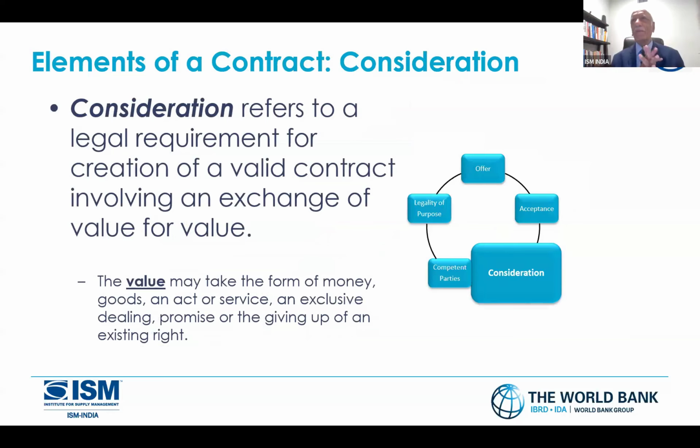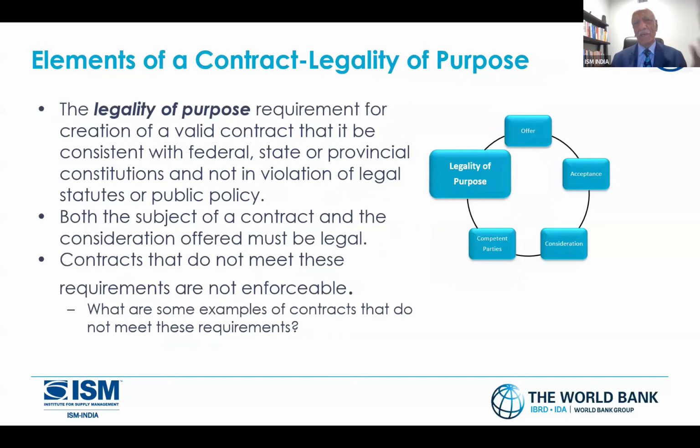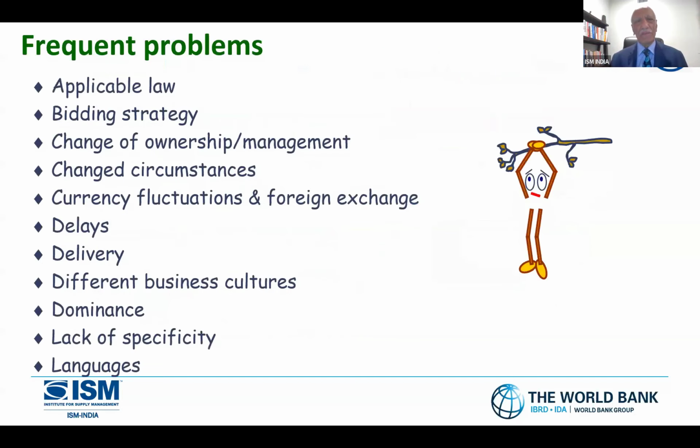I know sometimes we hire a consultant on a pro bono basis. But even in pro bono, we put $1 or one local currency, whatever is there. So there has to be consideration. In European law, it is not a must, but in other cases, it is there. Competent parties, as I explained to you. And the last one is legality of the purpose.